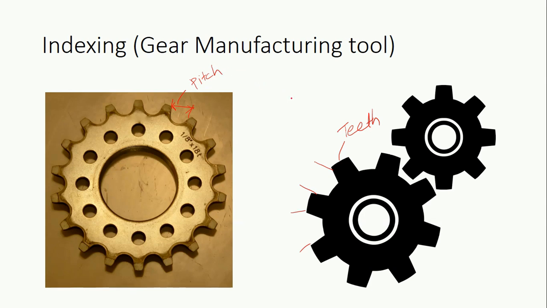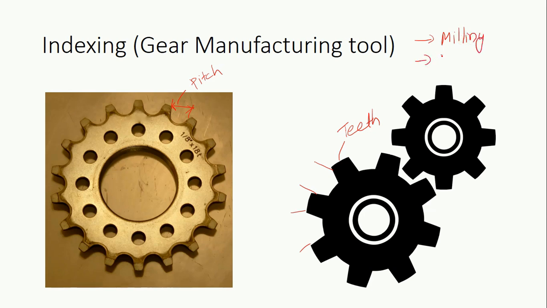But how can we go for it? That means how can we make this gear pitch constant? One of the simple methods is the use of an indexing mechanism or indexing head. One of the famous methods of cutting the teeth of the gear is milling.